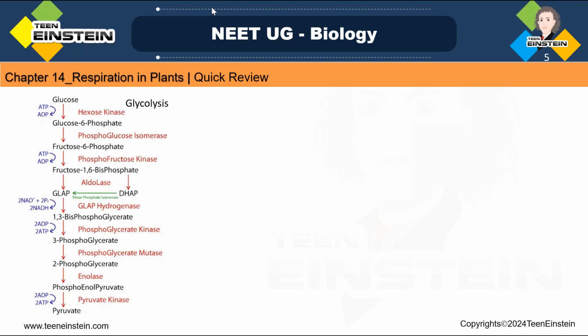See, from here the reaction is starting, acetyl coenzyme A is working, then finally it is forming oxaloacetate. This is a cyclic process, so here conversion of acetyl coenzyme A to oxaloacetate is taking place.